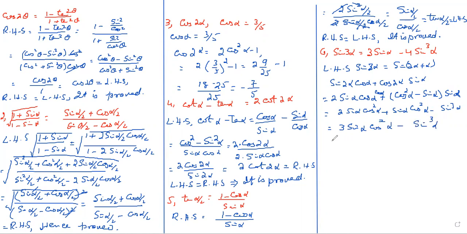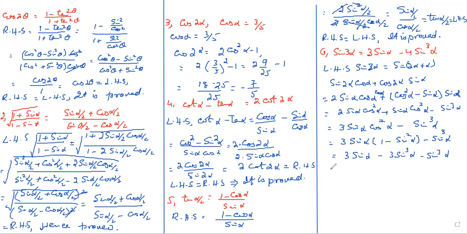Now cosine square alpha is 1 minus sine square alpha, minus sine cube alpha. So this will become 3 sine alpha minus 3 sine cube alpha minus sine cube alpha.